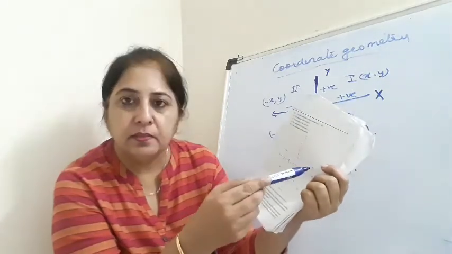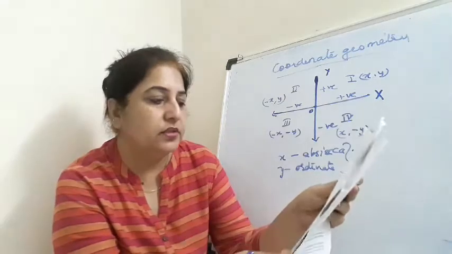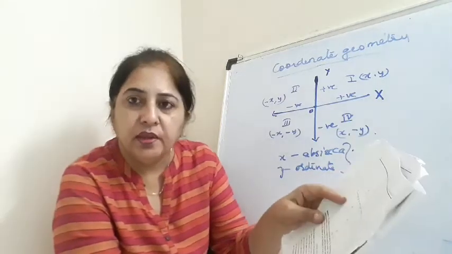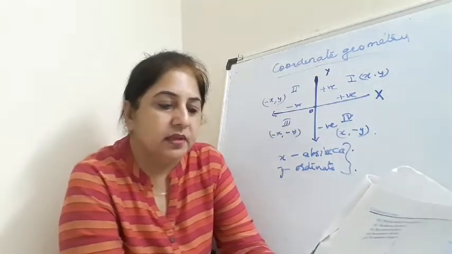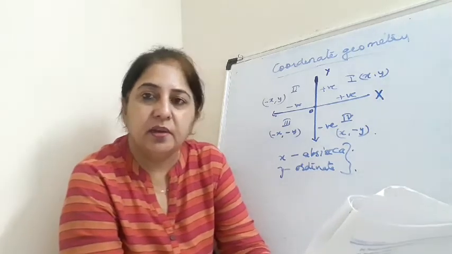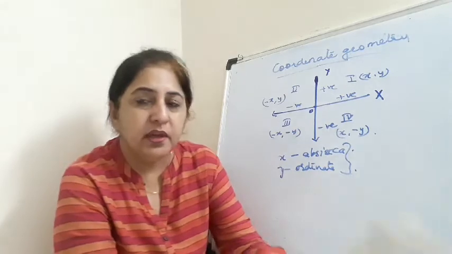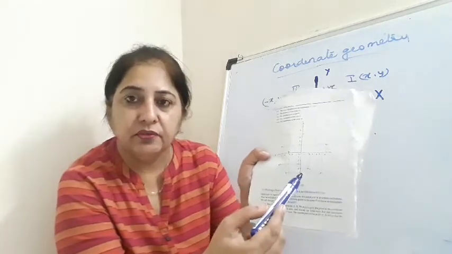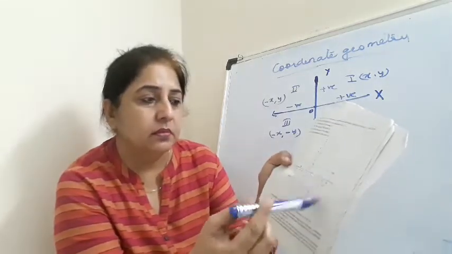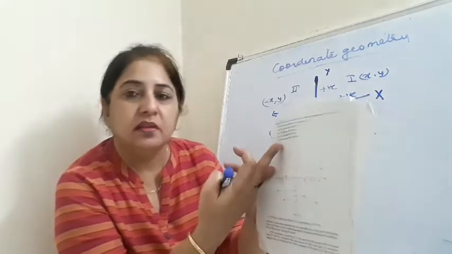Based on this, they are asking you questions. What are the coordinates of B? What are the coordinates of C? And the point which you can identify by -3, -5. So this is just reading this graph, reading these points and answering the questions.